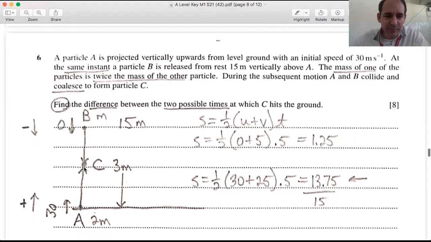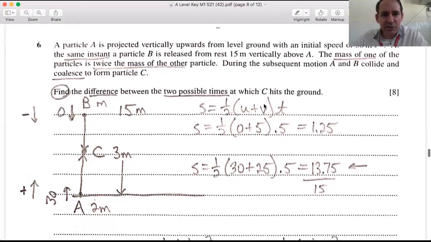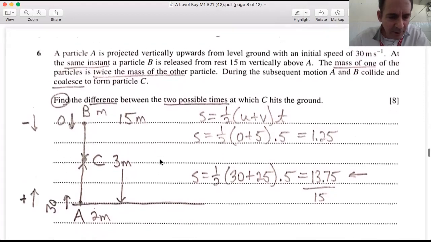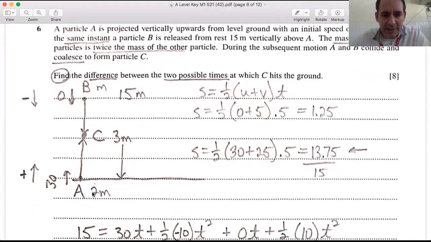So they meet somewhere in the middle and they coalesce. Now I call it object C. Remember it said the mass of one is twice the mass of the other. So for my diagram, I have object B just be mass M, and A is twice the mass, 2M.